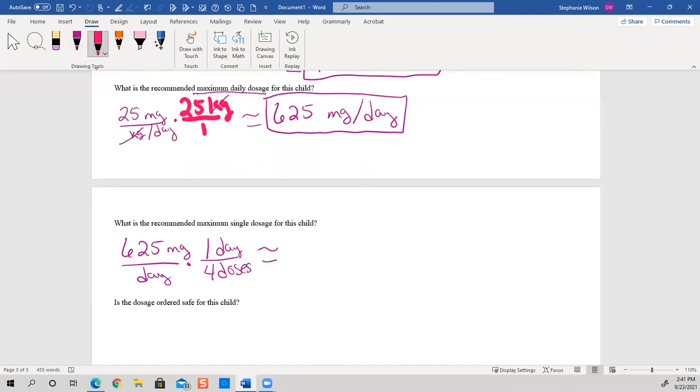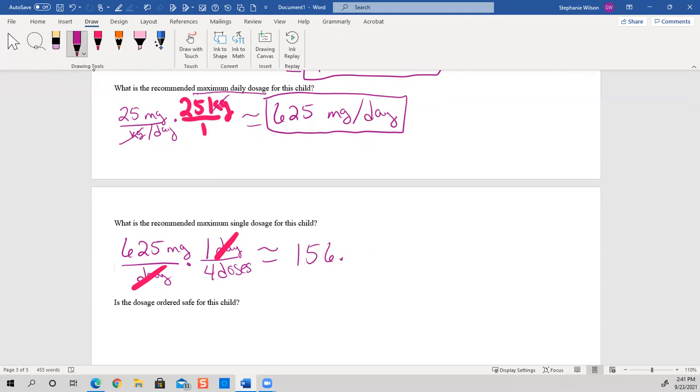Okay, so I'm going to mark out the units that reduce with itself, and it leaves me with milligrams per dose. That's what we wanted. And we're going to divide 625 by 4, and we're going to get 156.25.